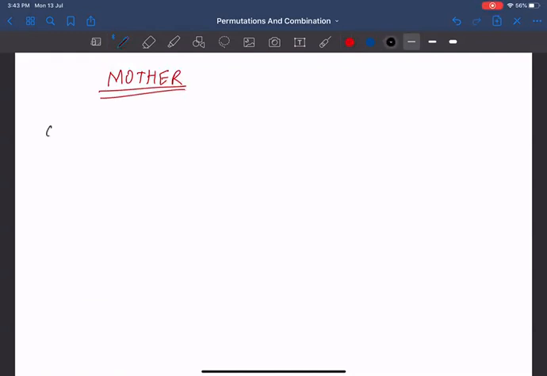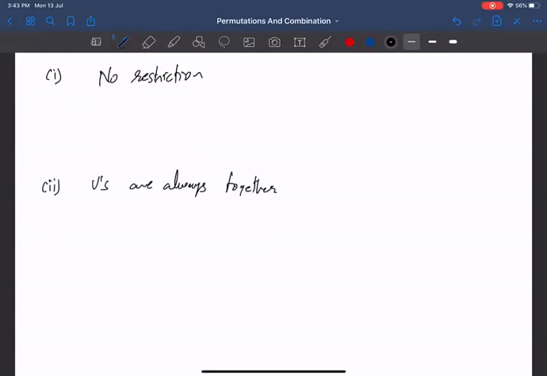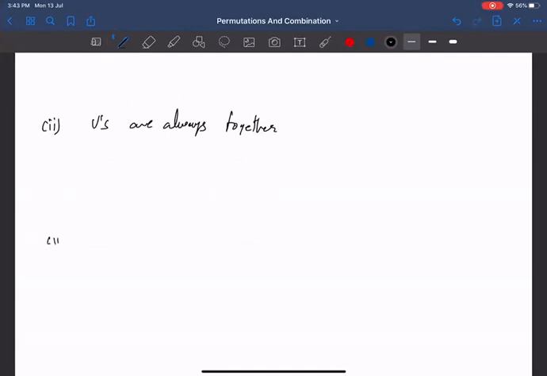How many different words with or without meaning can be formed if there is no restriction? Number 1, vowels are always together. Number 2, 3, vowels are never together.